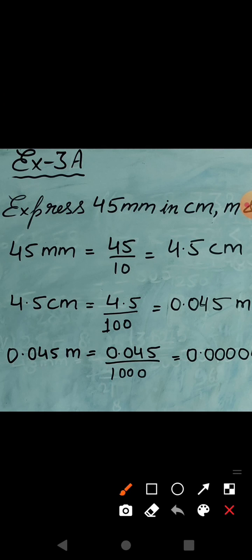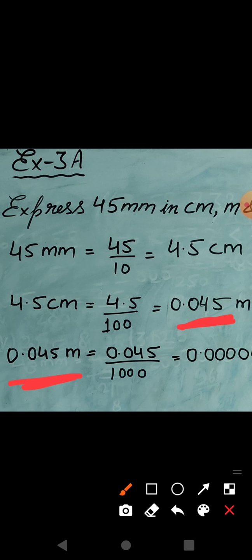Now again we are converting meter to kilometer. So first we will write here 0.045 meter. In 1 kilometer we know there are 1000 meters. So we are converting meter to kilometer, means we are converting a smaller unit to a bigger unit.